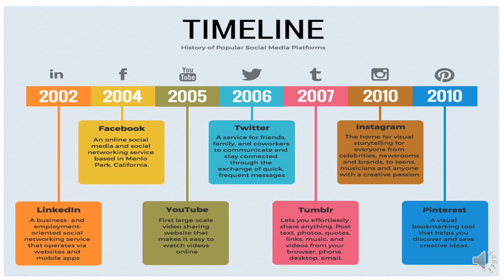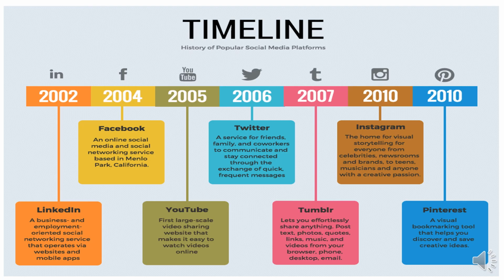This is one of the ways. Here you can say what happened in 2002, 2004, 2005, 2006, 7, 10, and again 10. Right? This is a timeline, a history of popular social media platforms.